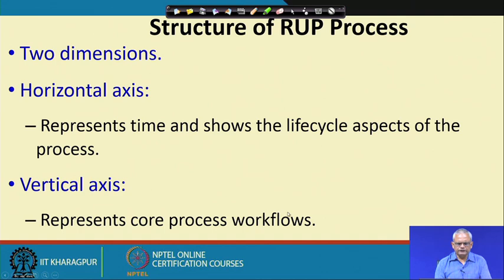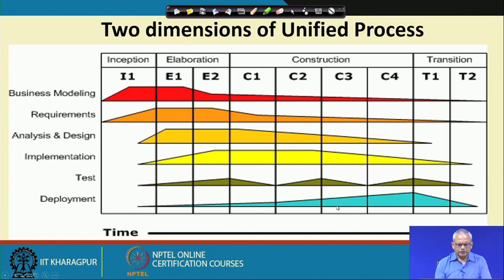If we want to visualize this graphically, which will show a more realistic picture of the Rational Unified Process, the horizontal axis shows the life cycle aspects and the vertical axis represents the core process flow. Just see here, the 4 phases are marked and each one occurs over several iterations. The requirements and planning peak during the inception phase, and even continue during the elaboration and construction phases.